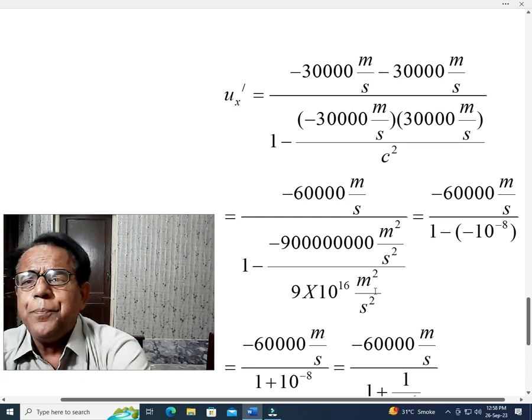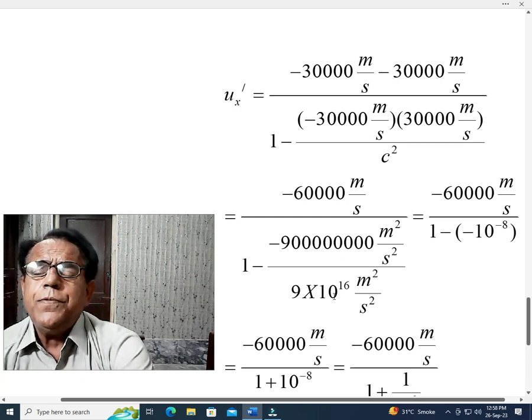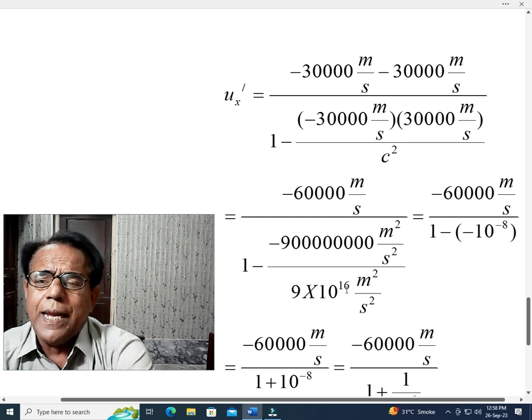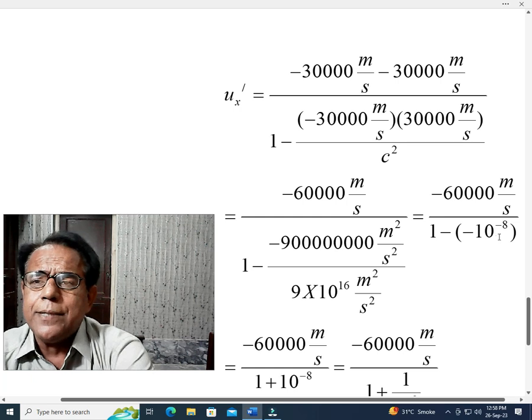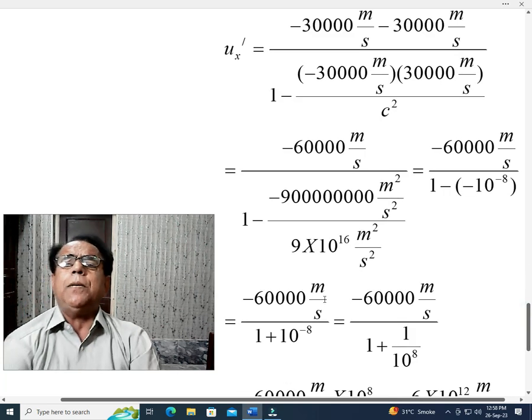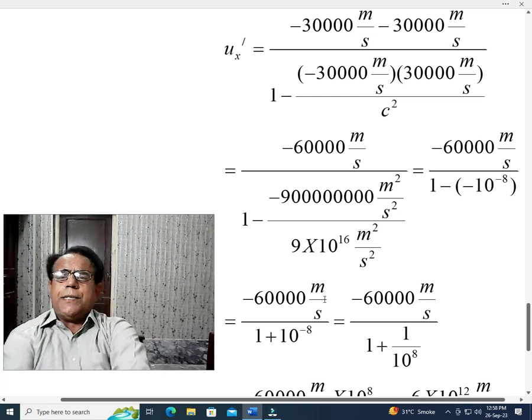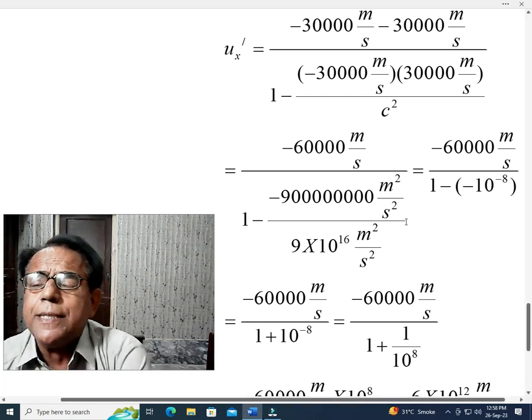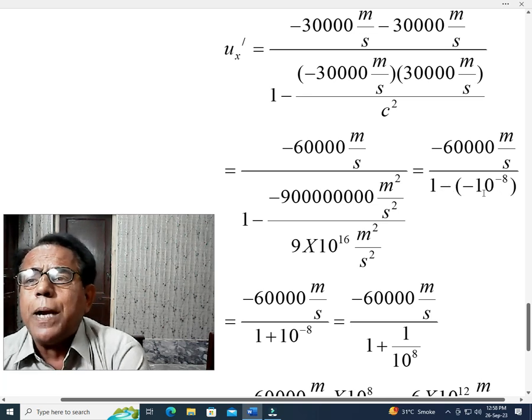That is why, out of these 16, 8 will be cancelled, while this 10 raised to the power plus 8 will become 10 raised to the power minus 8 when we shift it to the upper side. Hence in the above step it will become minus 60,000 meter per second divided by 1 plus 10 raised to the power minus 8, because minus into minus will become plus.